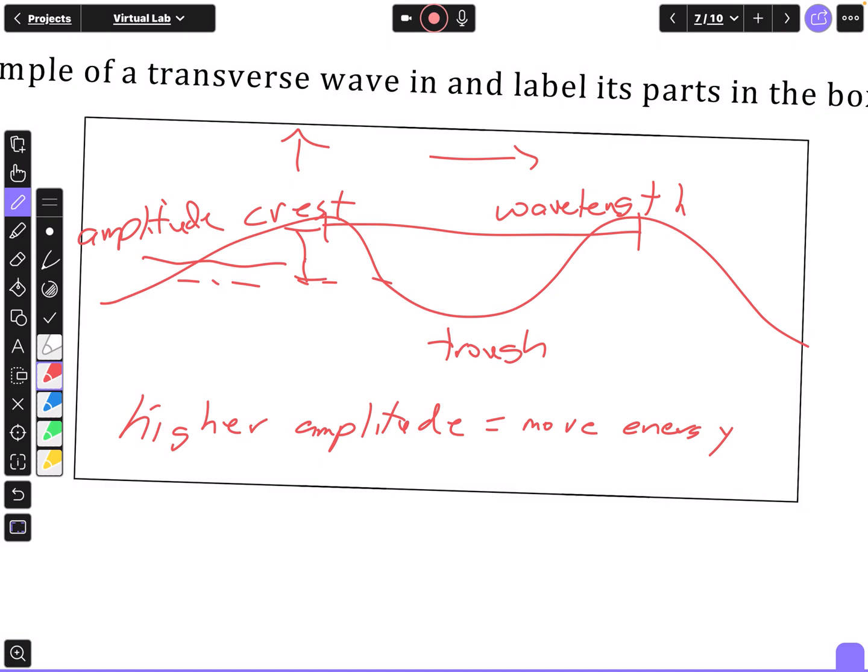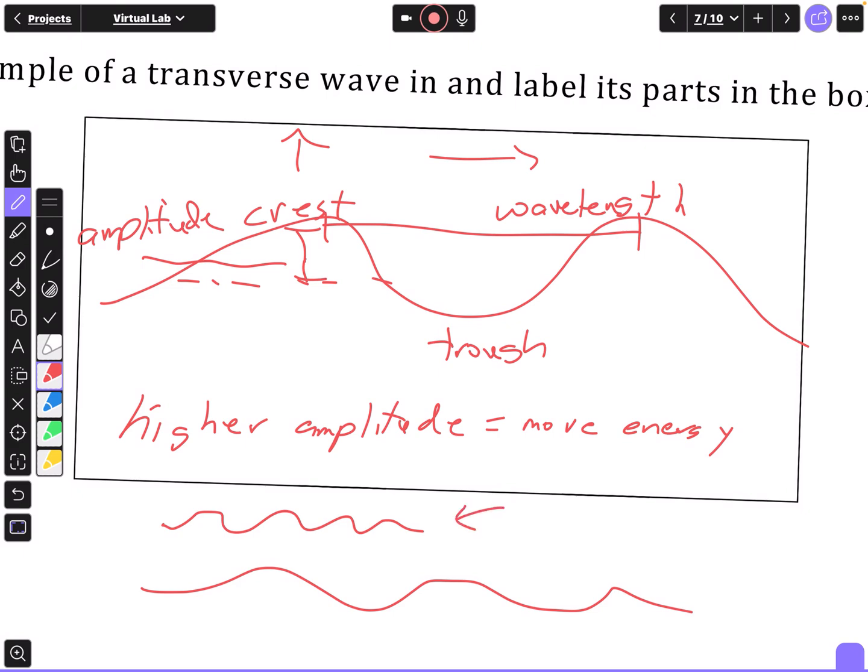Another thing is frequency. A high frequency wave, if we had two waves, and they're like that, then this top one's going to have a higher frequency.